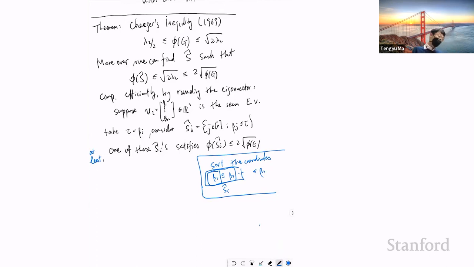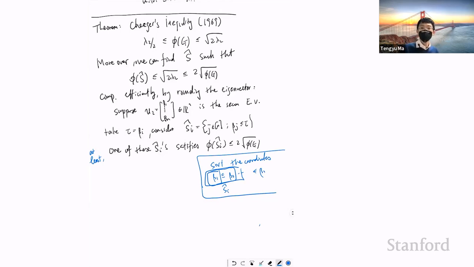If you can enumerate all of them, just try all of them and see which one satisfies it, and you are done. The proof is not very long, but it's pretty non-trivial, so I'm going to skip the proof.